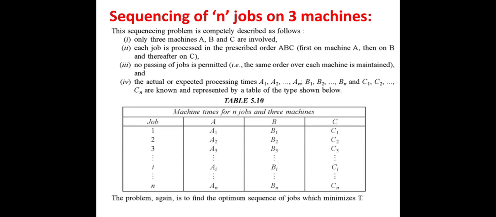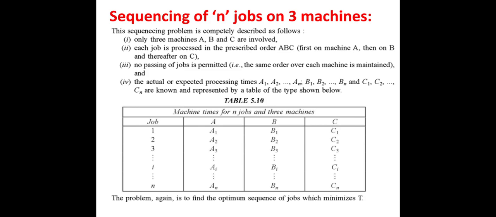Each job is processed in the prescribed order A, B, C only, that is first on machine A, then on B and thereafter on C. For example, job 1 is processed on machine A, then it has to be processed on machine B and thereafter on machine C. No passing of jobs is permitted, that is the same order over each machine is maintained. Without being processed on machine A, the job cannot be processed by machine B as well as machine C.